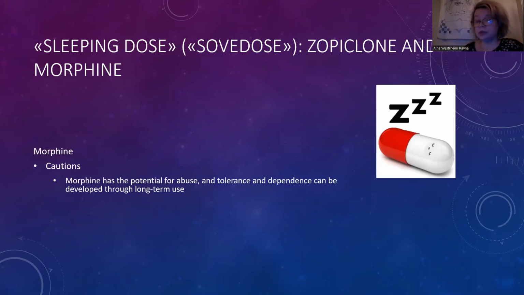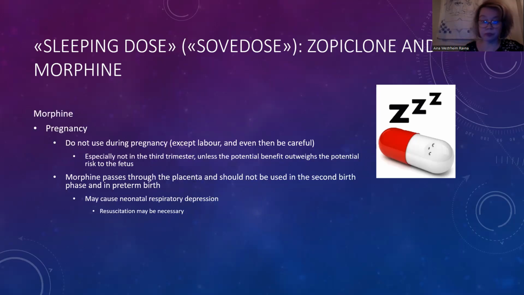There are some cautions when it comes to morphine. It has potential for abuse, and tolerance and dependence can be developed through long-term abuse. One should not use morphine during pregnancy, except during labor, and even then be careful.